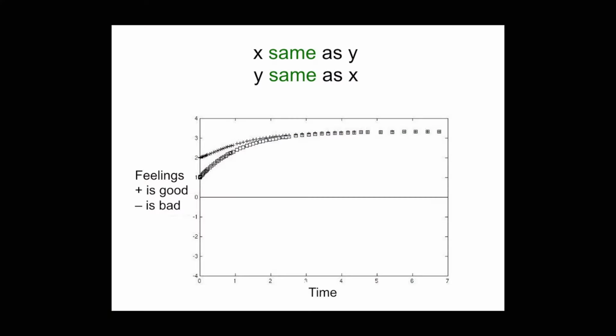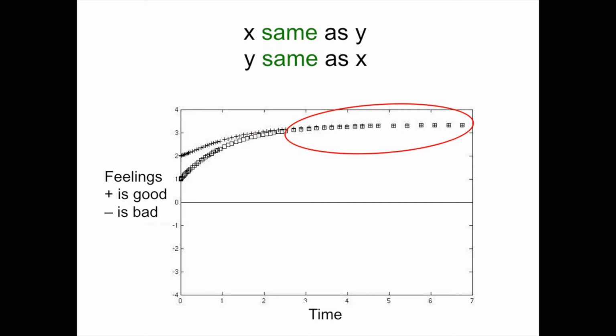So what we do is we put these equations into a computer from these very simple assumptions shown on this graph, where the vertical axis is the emotional state of each person, where up is happy and down is unhappy, and we compute on the horizontal axis what happens in time.